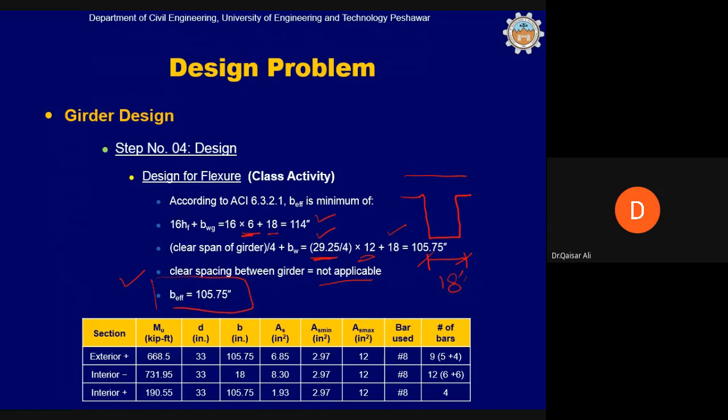Okay, so I hope you can design this girder for the given bending moments very easily. If you have any question, you can ask your questions. Otherwise, we will continue the design and we will try to complete this design lecture today. Okay.